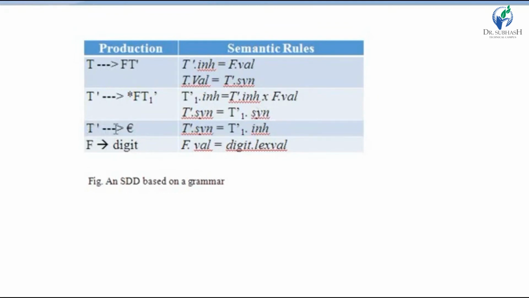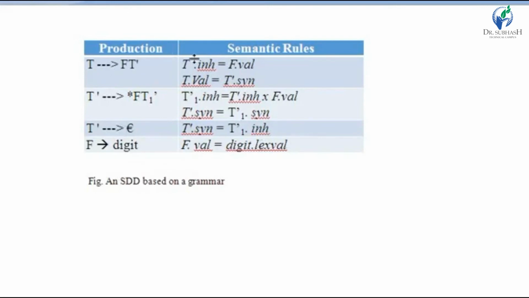T' gives epsilon, then T'.synthesized is equal to T1'.inherited, and F gives digit, F.value is equal to digit.lexval.